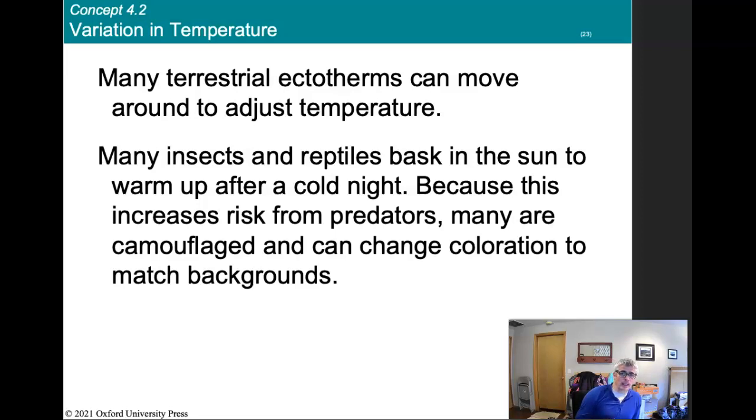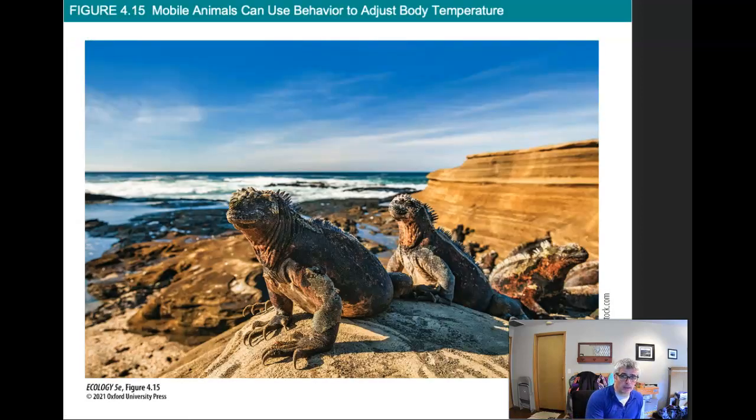So with that, many of these organisms have developed camouflage, and they can change coloration to match their background. Here's an example of marine iguanas moving to a sunny location to warm their body before going about their daily activities. So this is something we see quite frequently. You kind of think of reptiles as slow in the morning or sunning themselves.